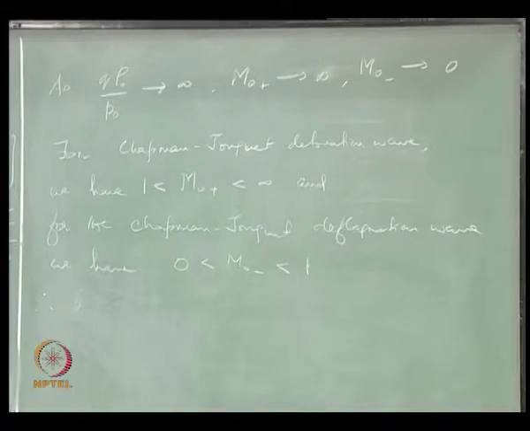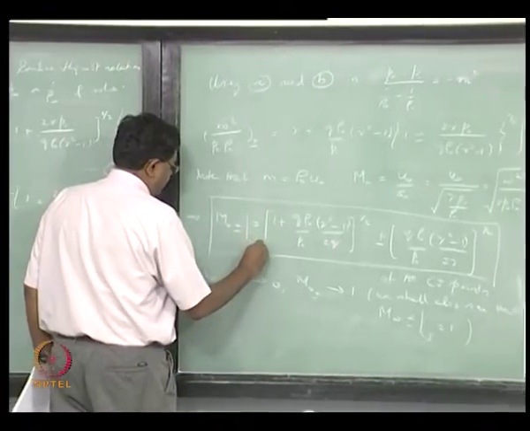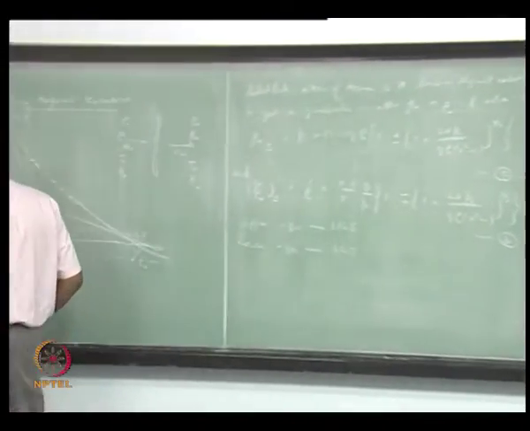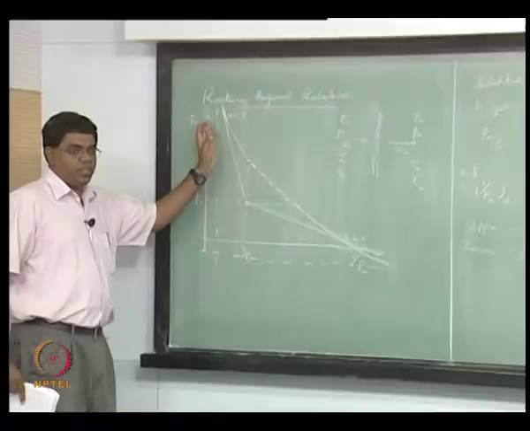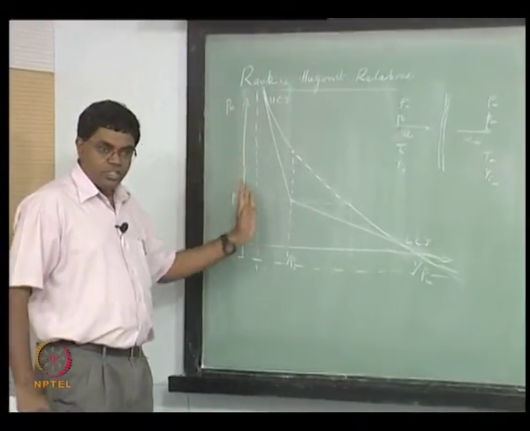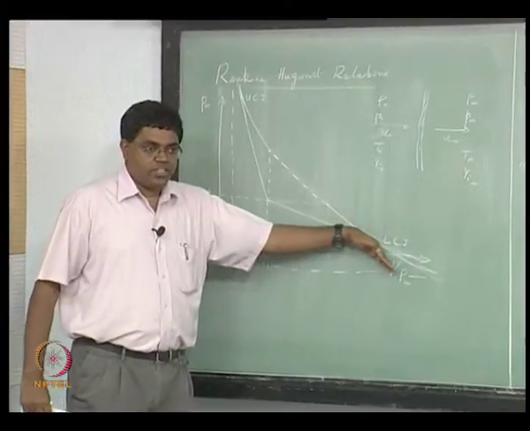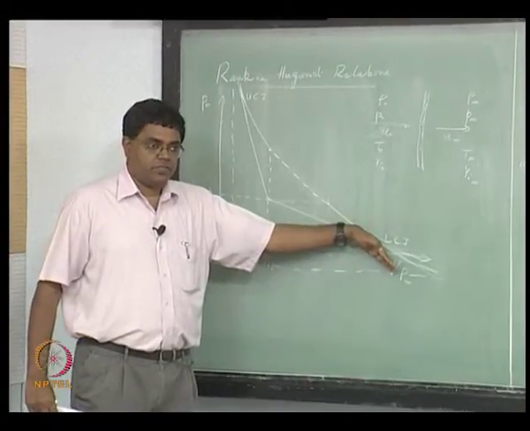The reason why we were actually looking at m naught plus or minus at CJ points is, keep in mind, the CJ detonation is the slowest of all the detonation waves, and the CJ deflagration is the slowest of all deflagration waves, right.